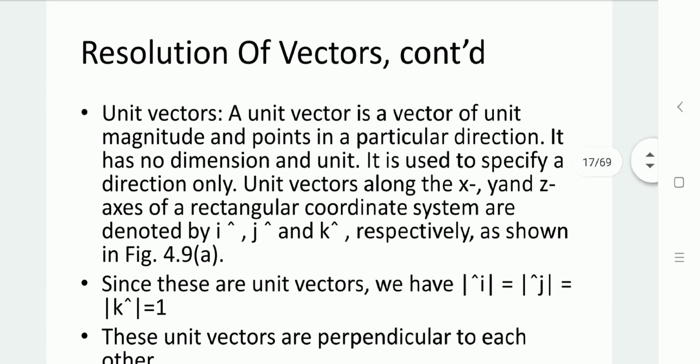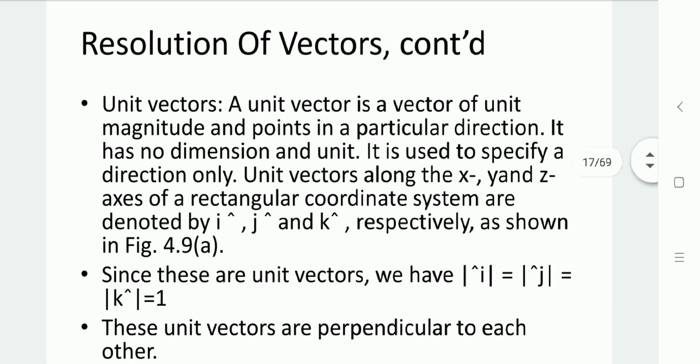Now, if we want to define the direction of any vector, we have to use a specified reference direction. That reference direction should not have any magnitude, otherwise our actual vector magnitude will be changed. So just to specify a direction, we are going to utilize a unit vector.